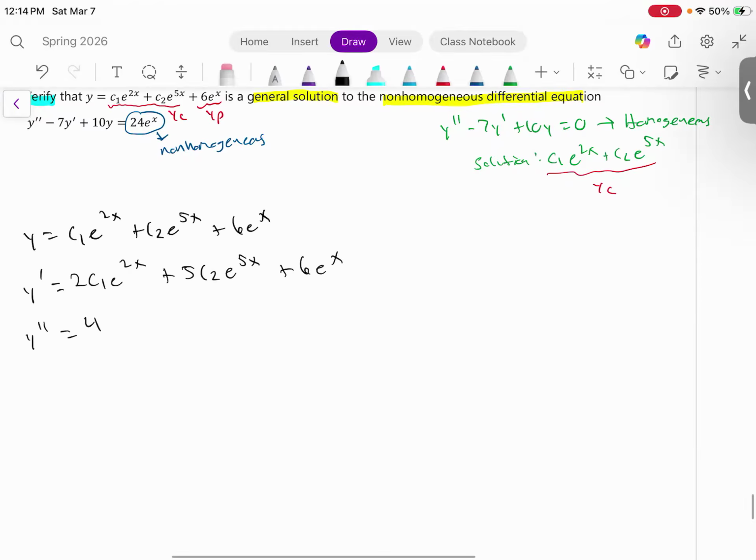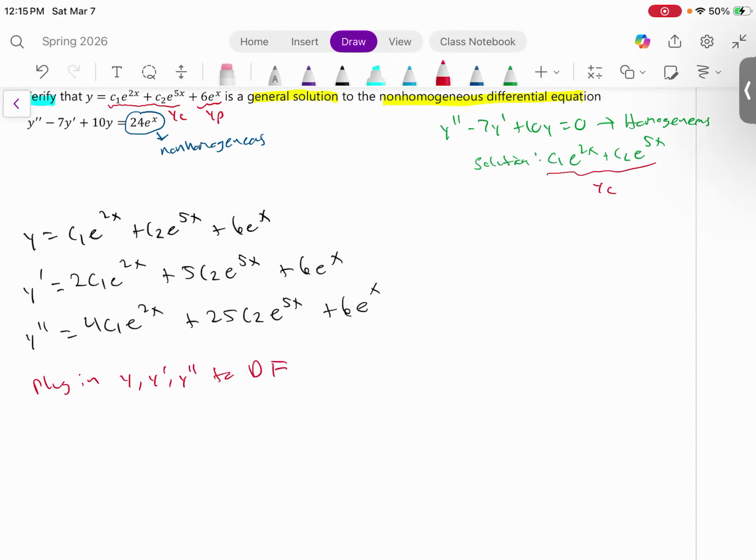So this would be 4 c1 e to the 2x plus 25 c2 e to the 5x plus again 6 e to the x. Okay, great. So we have our derivatives, and we're just going to take these and plug into the differential equation and verify that it is a solution.